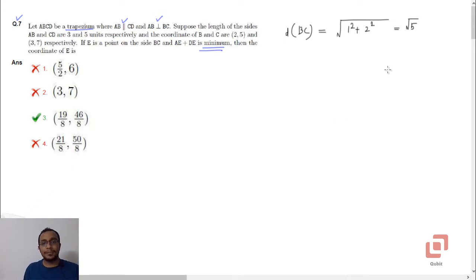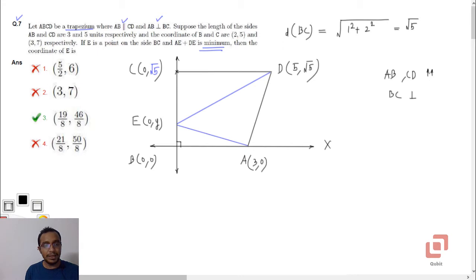Because we know that AB and CD are parallel to each other, and secondly BC is perpendicular to both of them, I have chosen B as the origin, BA as our positive x and BC as our positive y.